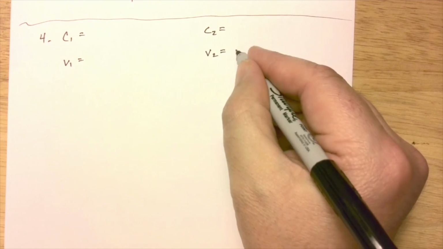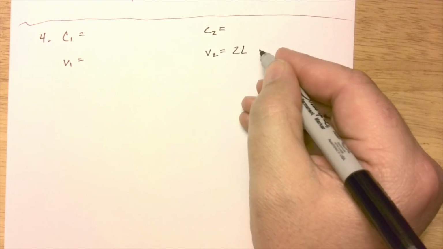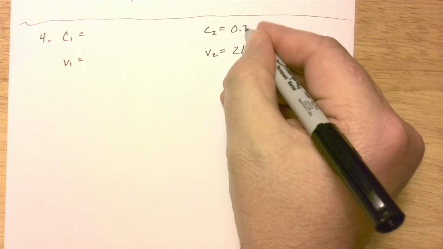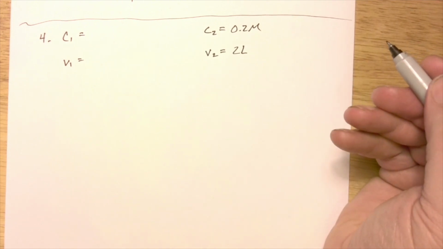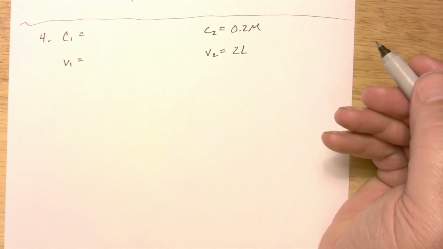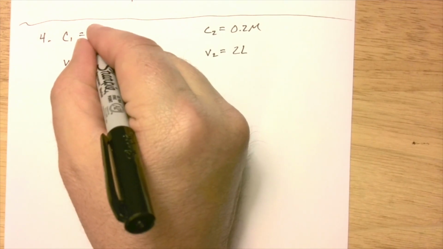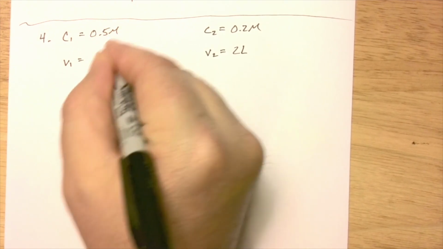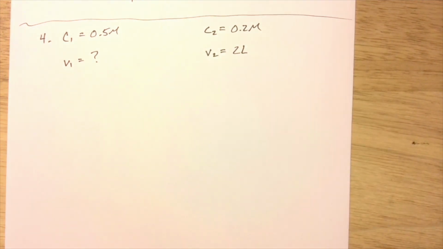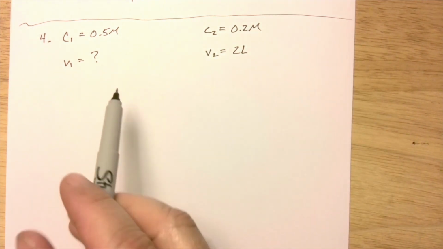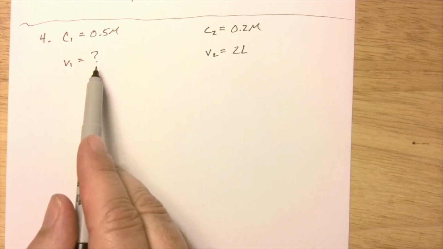So I need 2 liters, and I also need 0.2 molar. And the original stock solution is 0.5 molar. And again, the question is, how much of the stock solution do you need? So that's what we need to solve for, V1.